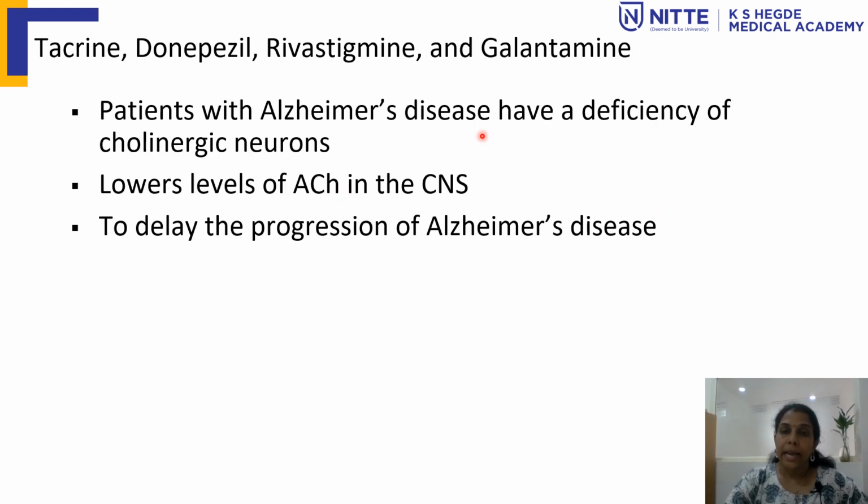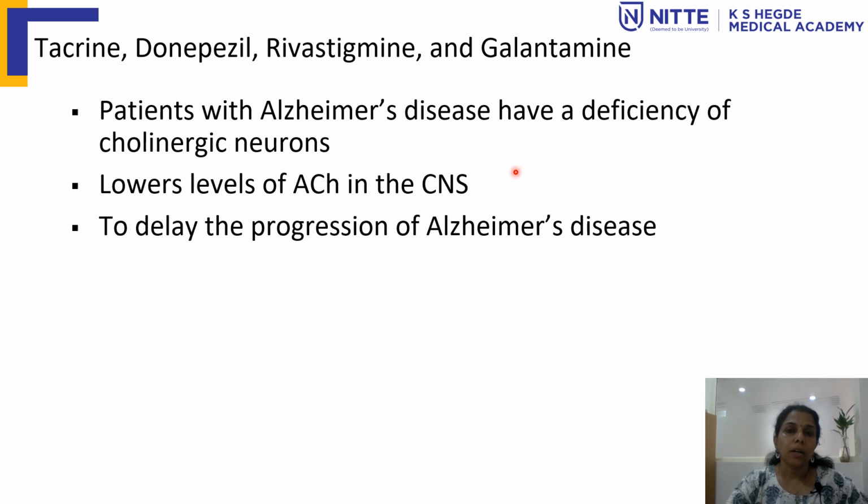Other drugs are tacrine, donepezil, rivastigmine, and galantamine. These are the ones preferred in Alzheimer's disease. Alzheimer's is a neurodegenerative disease where there is a deficiency of cholinergic neurons, and because of that there will be low levels of acetylcholine. Acetylcholine level in the central nervous system will decrease.